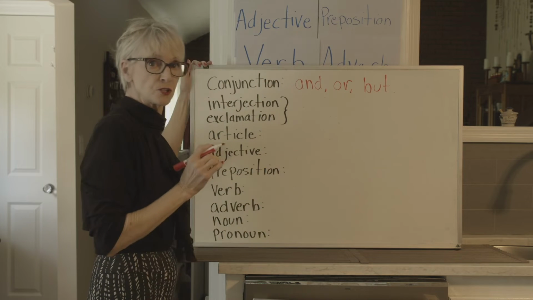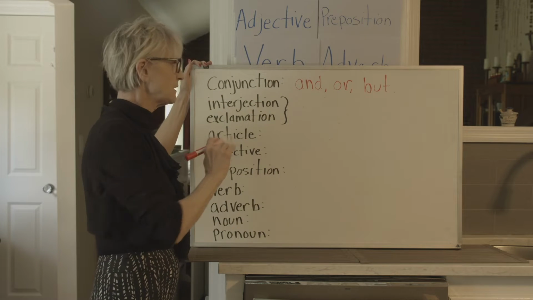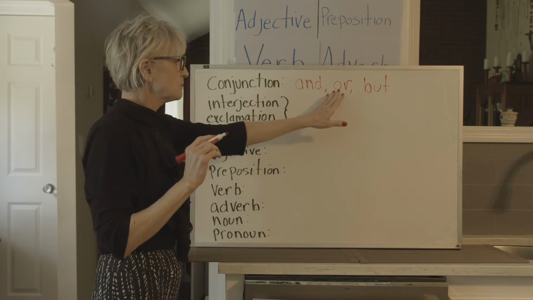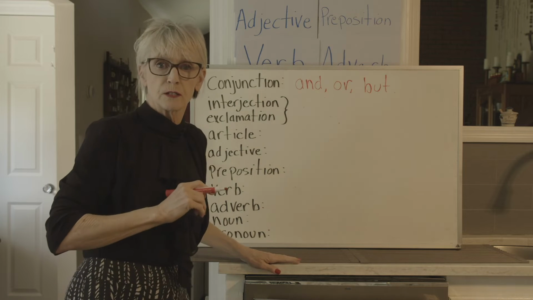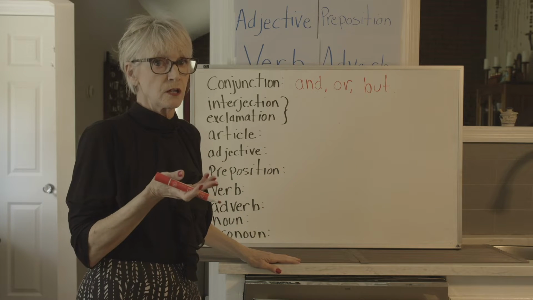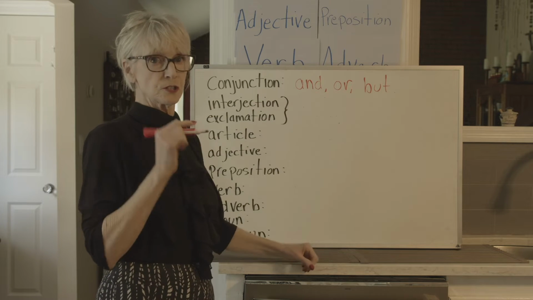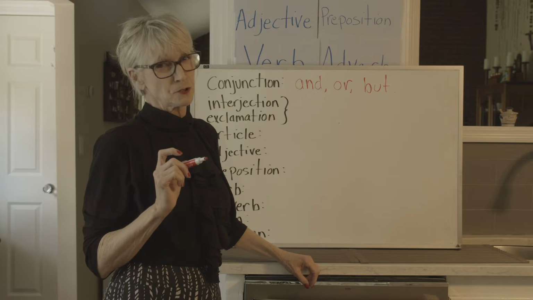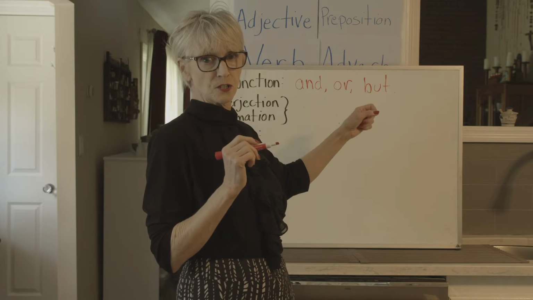Those are three conjunctions that are used all of the time. So that's enough for now. So a conjunction puts something together. Do you want vanilla or chocolate? That's a conjunction. I like chocolate, but I don't like strawberry. That's a conjunction.